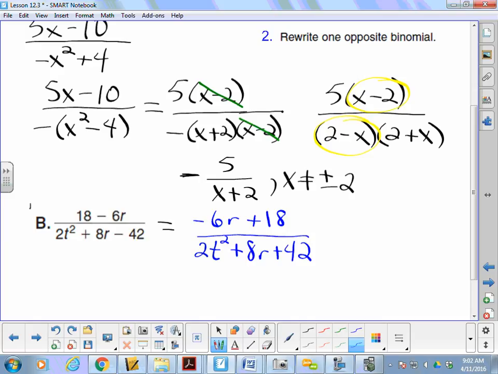And now when I factor the numerator, I'm going to take out negative 6, not just positive 6. So we get negative 6 times r, and the key is making sure you change that sign, because I'm dividing by a negative when I factor it out.